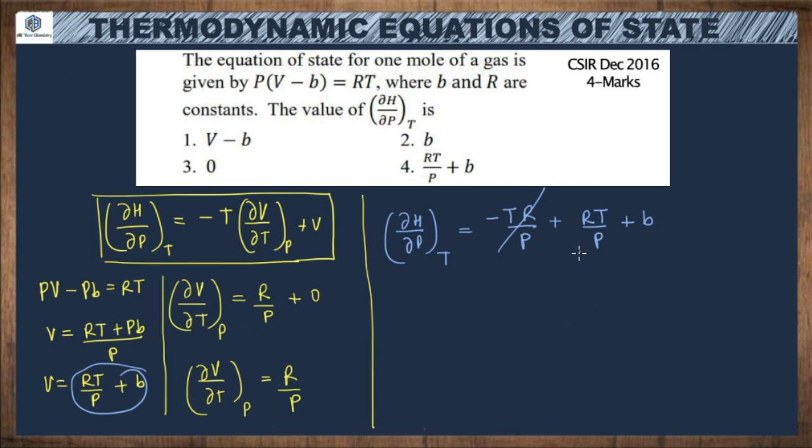This particular part and this particular part can be cancelled. So what you got, del H by del P at constant T is equal to B. So that is going to be the final answer.